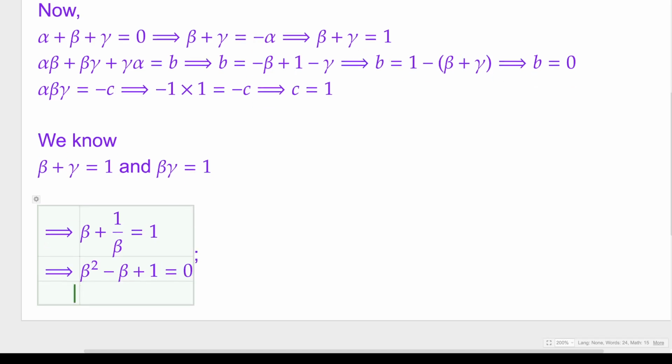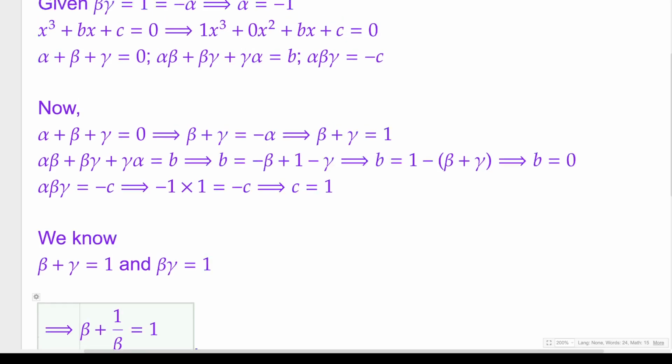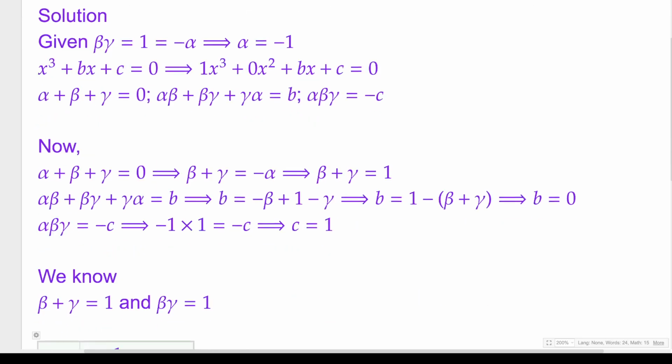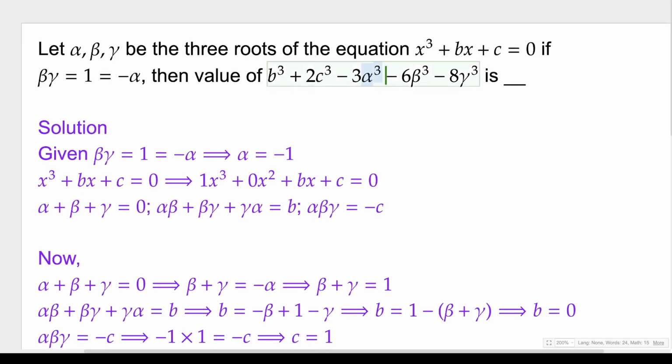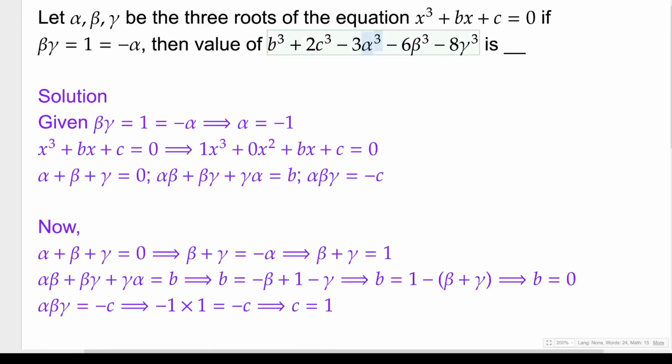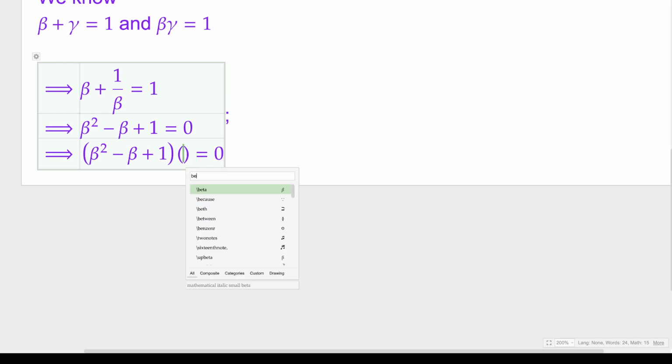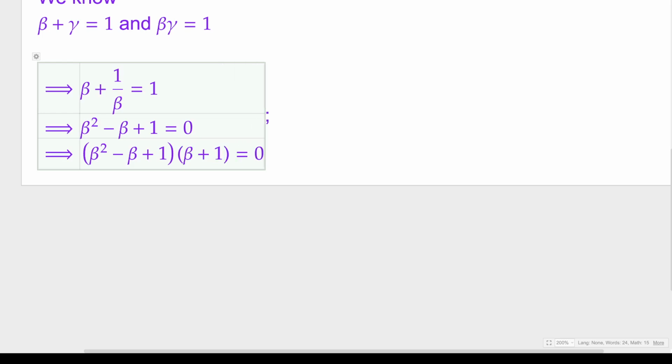Now what I need is beta cube actually. Why? Because in the expression beta cube and alpha cube is required, correct, and even the gamma cube. Now for alpha I have the value, so alpha cube can be computed directly, right? But beta cube and gamma cube are required. So what I'll do, I'll multiply beta plus 1 on both the sides. So I'll take this one and multiply with beta plus 1, and 0 multiplied by beta plus 1 is again 0.